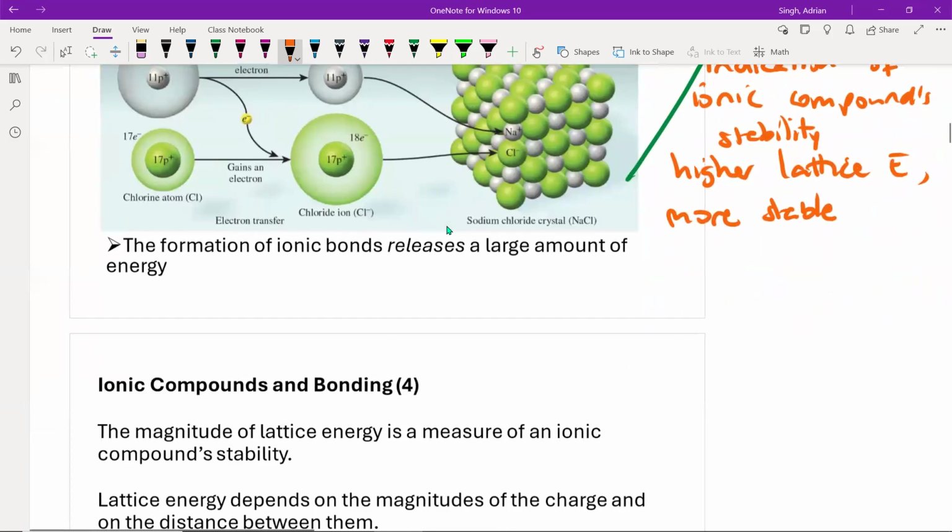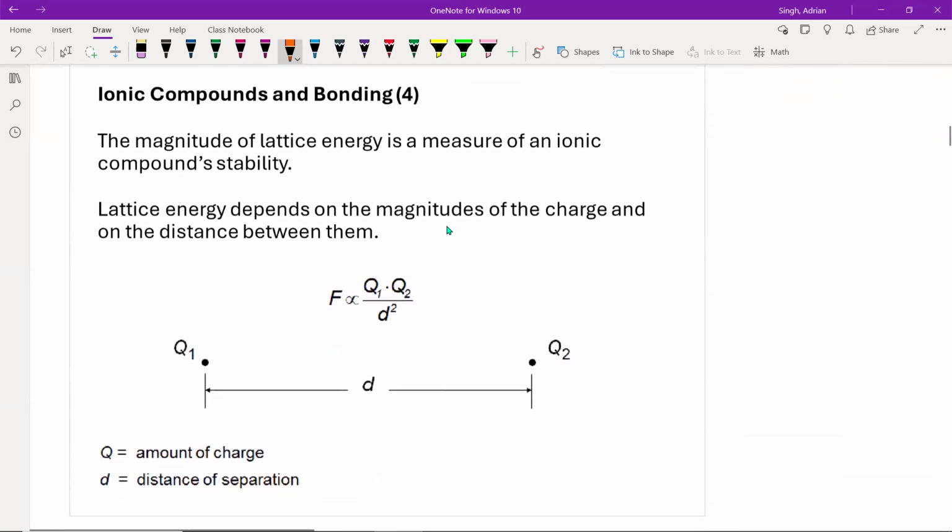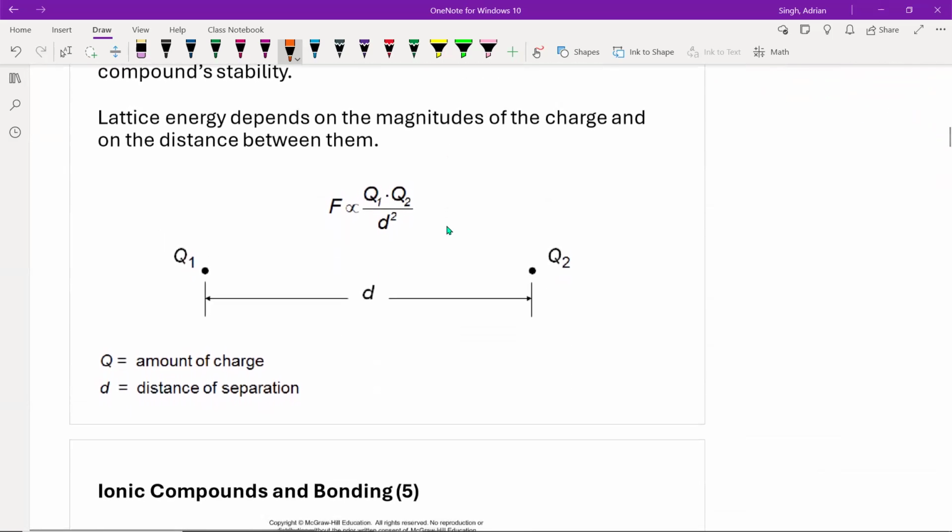And if you recall, we saw how charges and forces are related according to this equation. I think we saw this back in maybe week 1 or week 2.